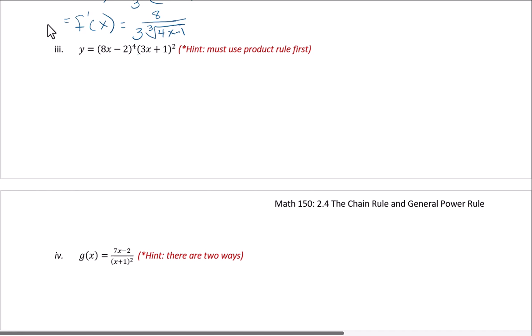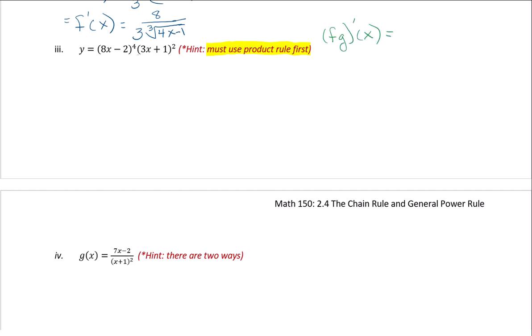So on part 3, we actually have composition functions being multiplied. So a big hint, we must use the product rule first. If you've forgotten what the product rule is, that means when we are multiplying two functions and we want to take the derivative, then we would take the derivative of the first function times the second function as it is, plus the first function as it is times the derivative of the second function.